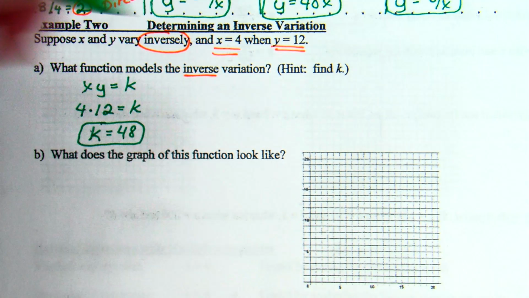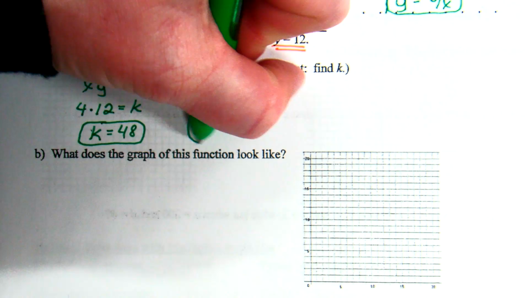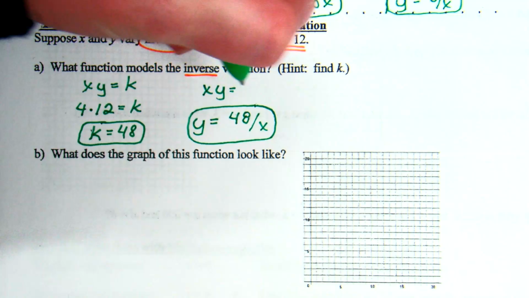Okay, except use the y equals instead of the x equals. Oh, y equals k over x. And what is k? 48. So what function models the inverse variation? We're looking for y equals 48 over x.